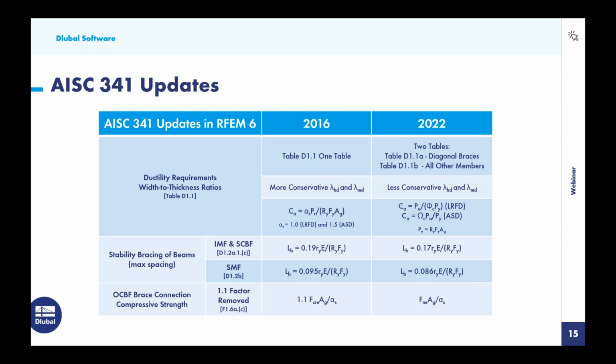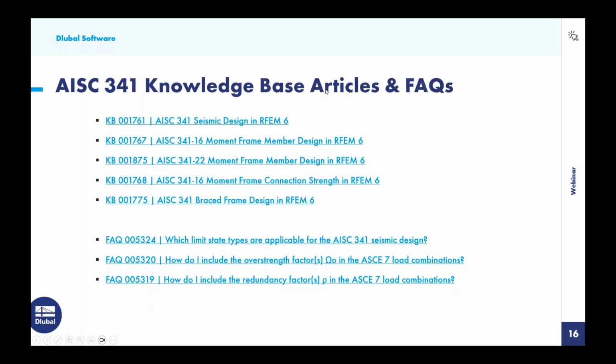And finally, we won't go through this in detail, but you can certainly pull this open in the PowerPoint PDF that is attached to the GoToWebinar and also available on our website. If you want to take a look at what has changed within the 341 between the 2016 and the 2022, relevant to RFEM only, so just a few applicable changes here. And you do have the ability to carry out these 341 checks for both versions within RFEM 6.